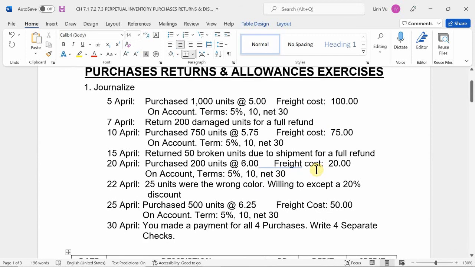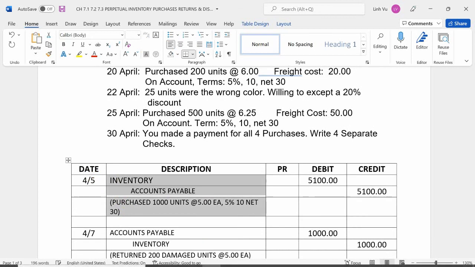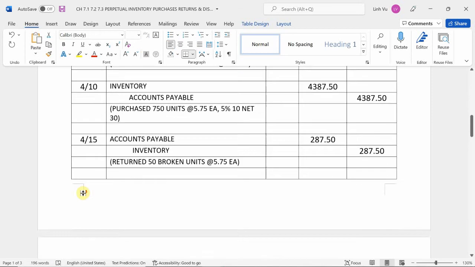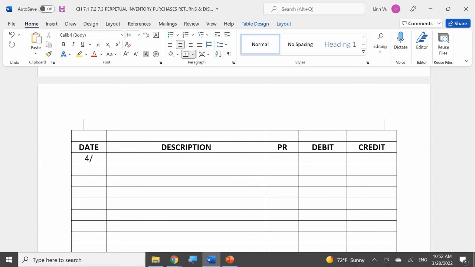April 20th rolls around and we end up purchasing 200 units at $6 each, with the freight costing $20 on account. Terms are 5%, 10, net 30. So in this case, how am I going to journalize this?